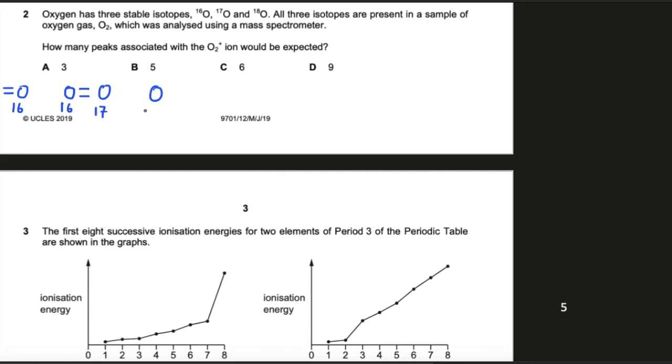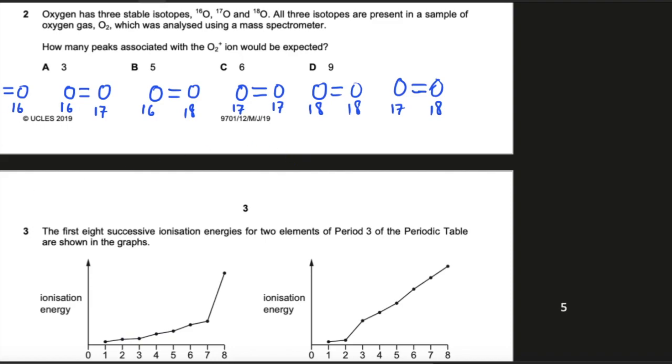There is another possibility, 16 oxygen makes a bond with 18 oxygen. The fourth option would be both 17 oxygens make a bond. Another possibility is both 18 oxygen atoms make a bond, and the last possibility would be 17 oxygen and 18 oxygen make a bond with each other.